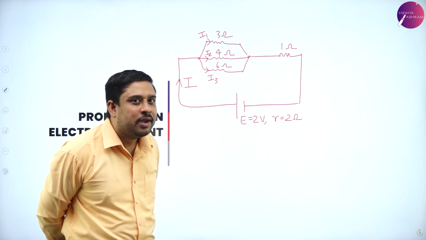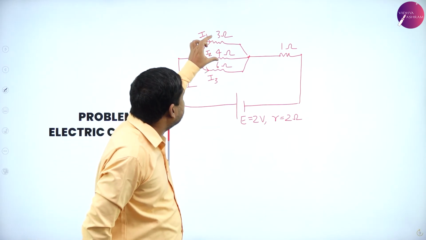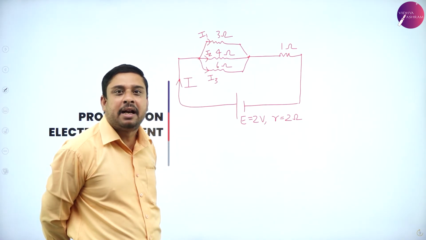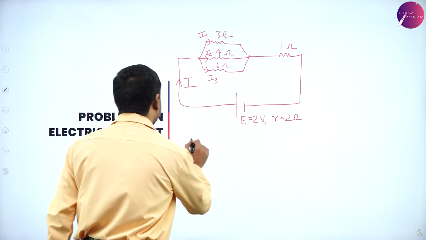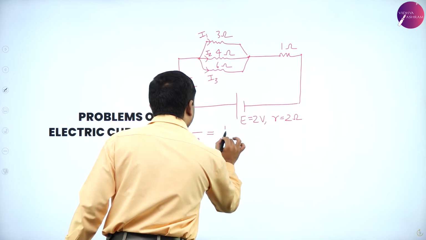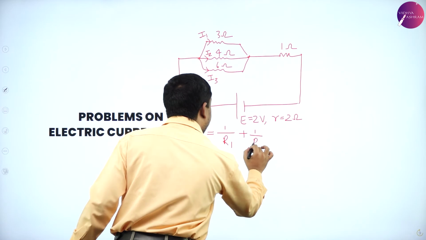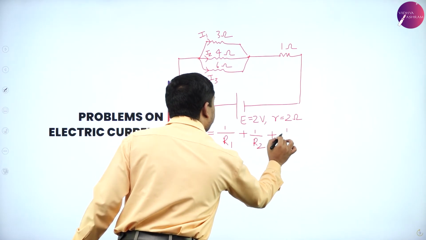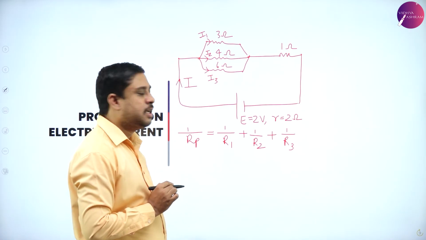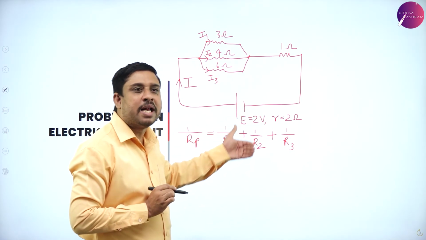How do I do it? As usual, first find the effective resistance for the parallel combination. So we have 1 by Rp, which is 1 by R1 plus 1 by R2 plus 1 by R3. Substitute 1 by 3 plus 1 by 4 plus 1 by 6.